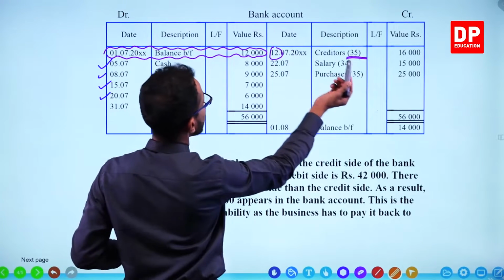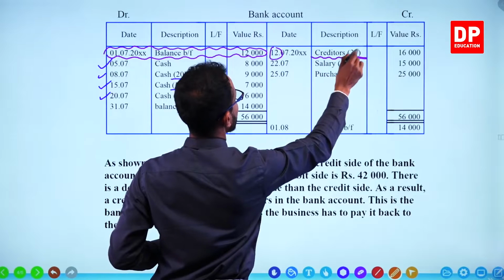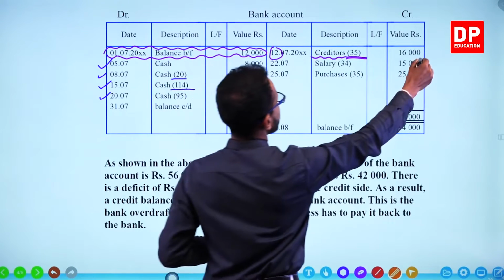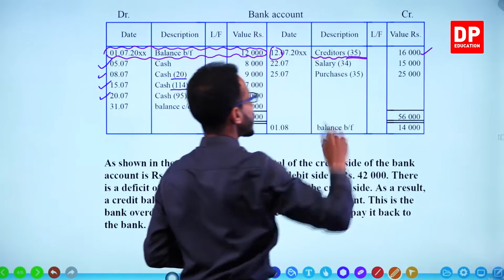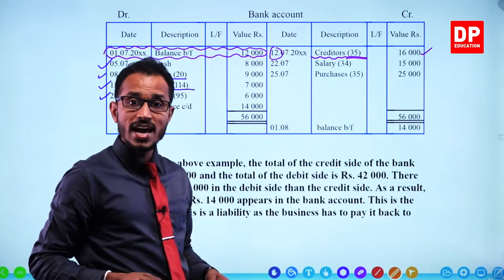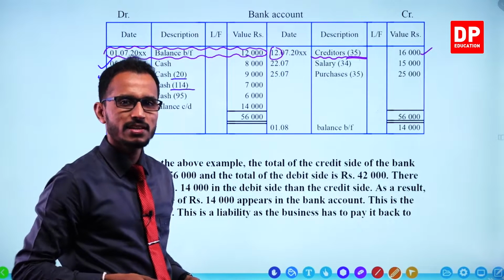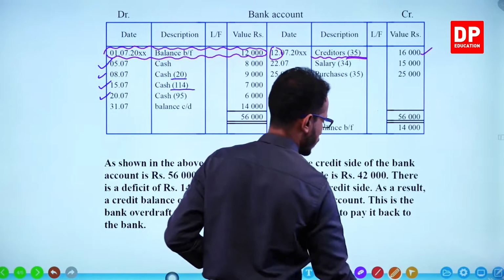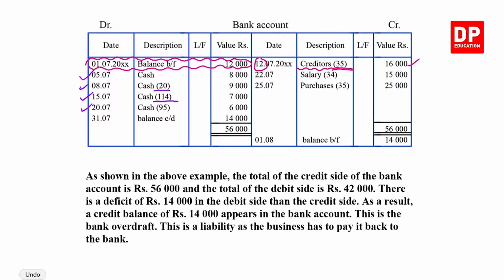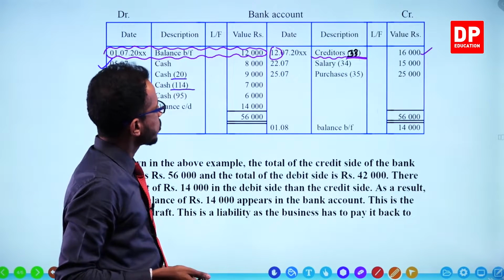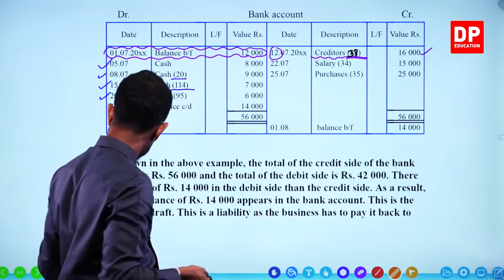Yeah, this is the entry. The check number has been misprinted. Printing mistake. Here it should be 33. Yeah, I corrected it. Okay. Right, so it's done. First issued check is done.